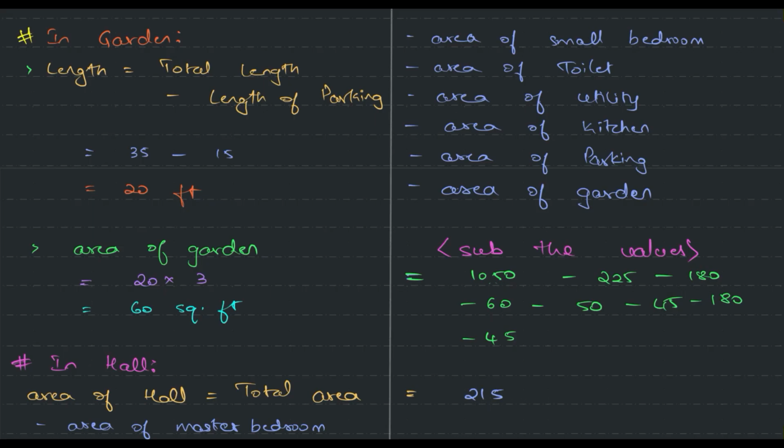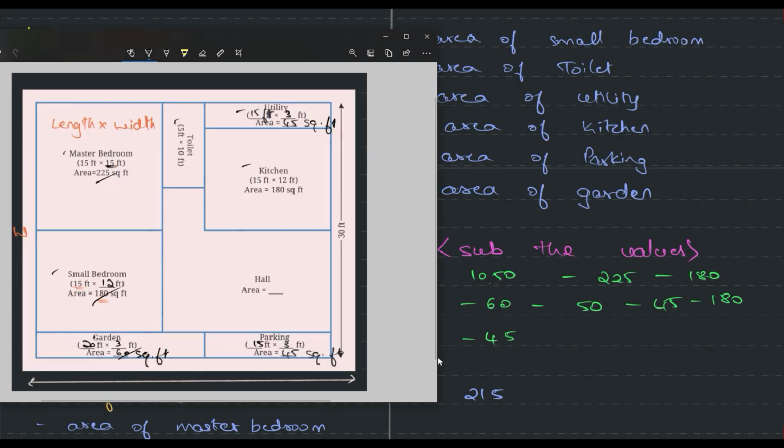Does 215 make sense over here? No. Even now it looks smaller. Where did I get 60? 60 is there, okay. 50 is from here. Then 45, 180, then 45. I hope I didn't.